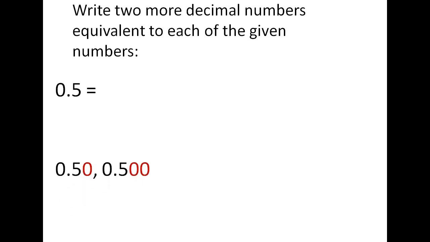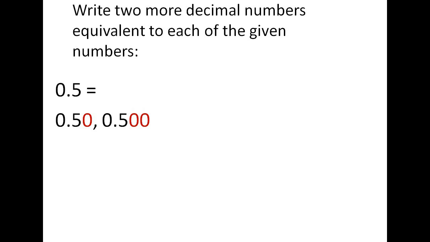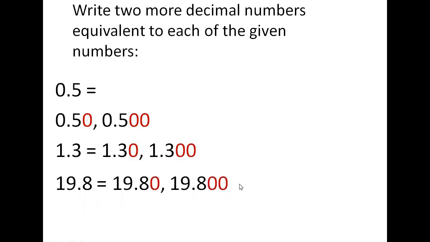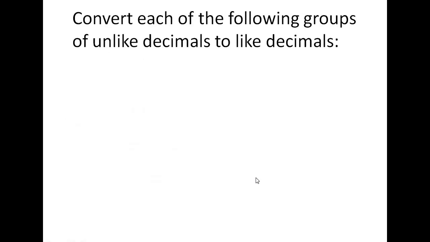You will get the equivalent decimal numbers. See, we are adding zeros on the extreme right of the decimal number, and all 3 decimal numbers are equal. Go on adding zeros, then you will get equivalent decimal numbers.